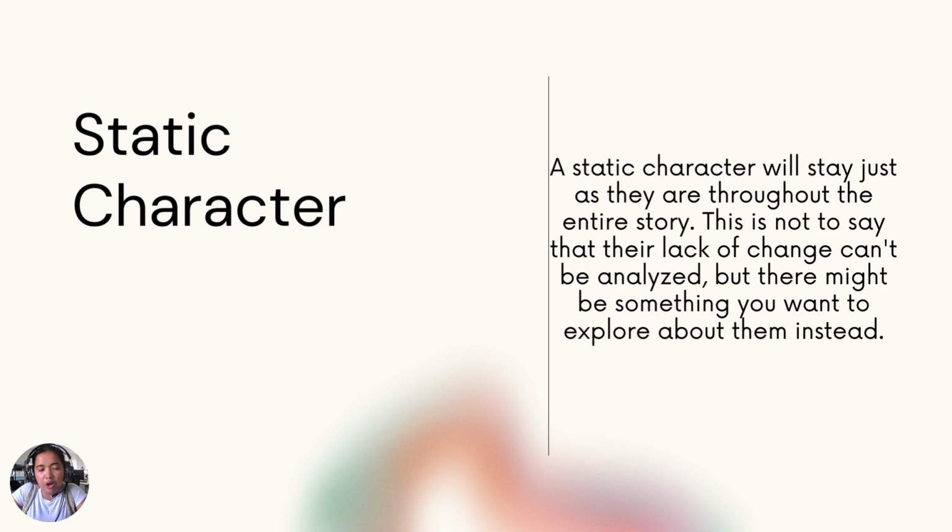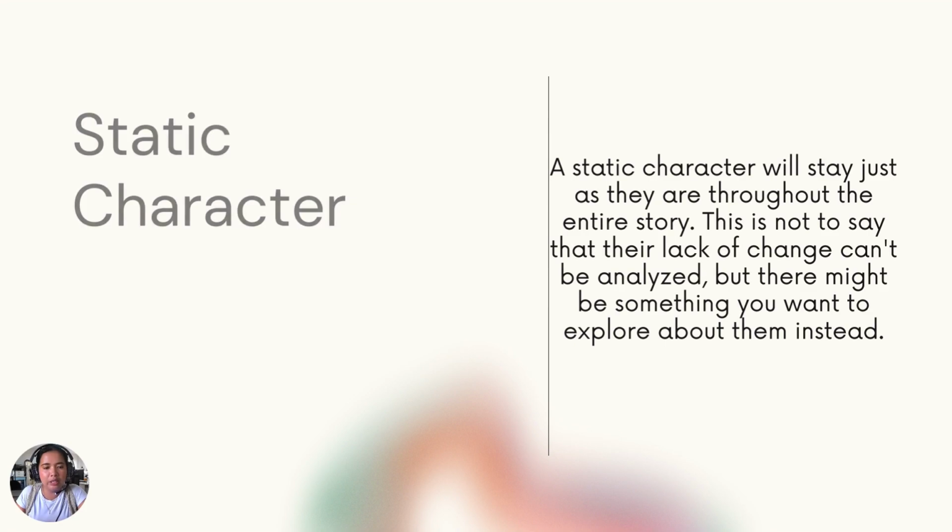A static character is the opposite of the dynamic character because a static character will stay just as they are throughout the entire story. This is not to say that their lack of change can't be analyzed, but there might be something you want to explore about them instead. So static character, consistent. There is a consistency of the character itself.